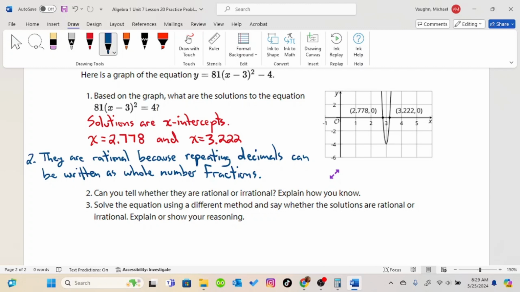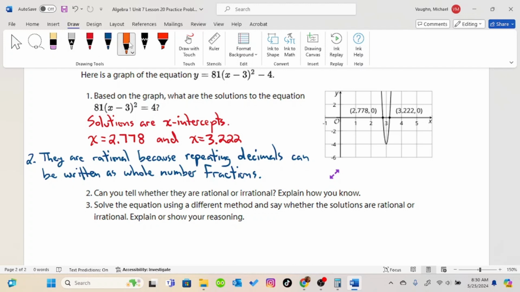This is really 2.777 repeating forever. 3.222 is obviously a repeating pattern decimal. These repeating pattern decimals can be written as whole number fractions, so they are rational.